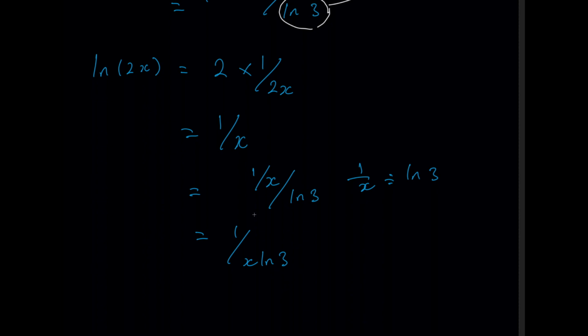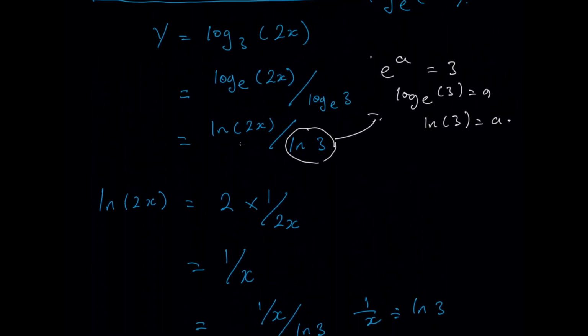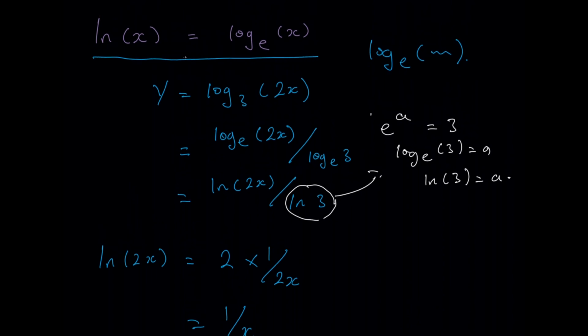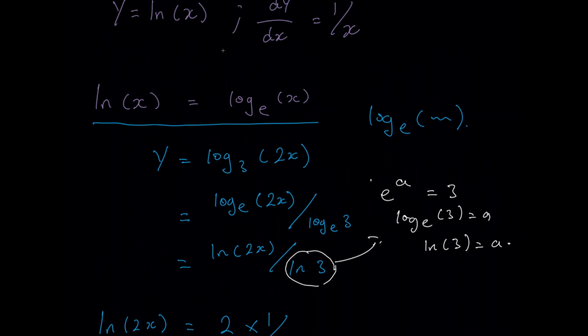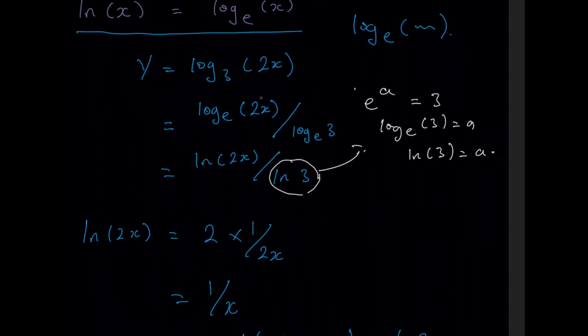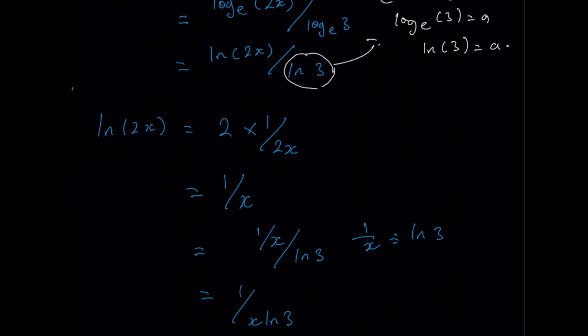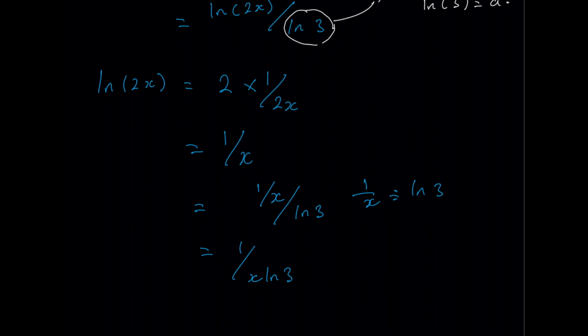And that is how we can change things that are not ln x into ln x, and then solve them with the easy relationship we have up here. When you have a log not in base e, so not ln x, you need to change the base with the change of base rule, which is not that hard.